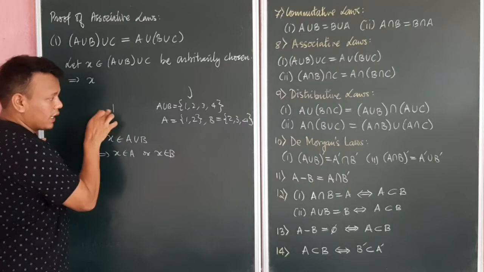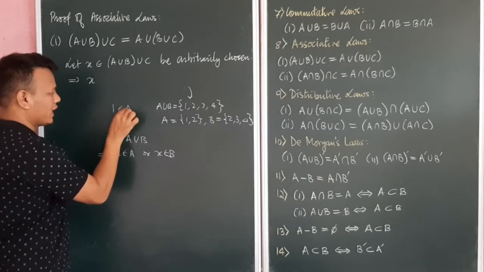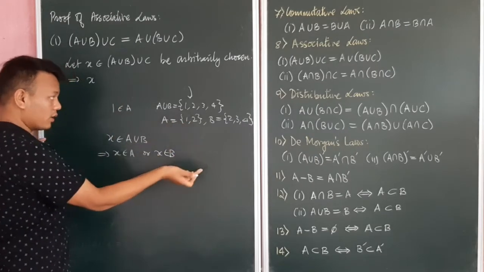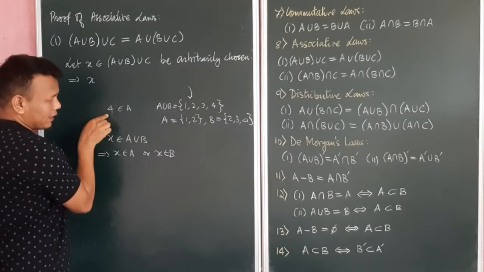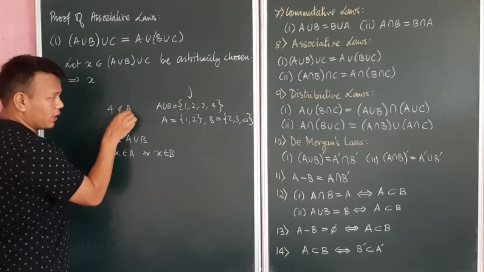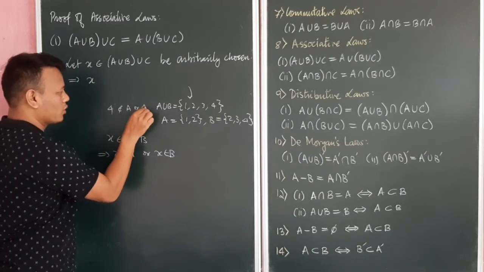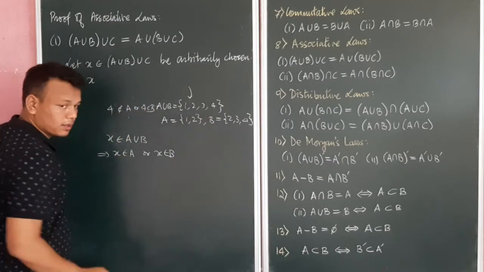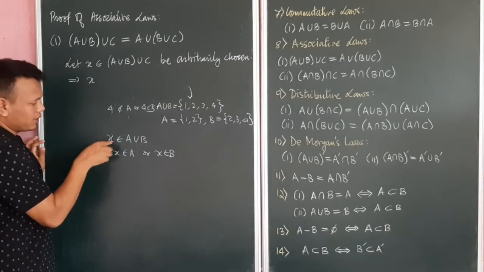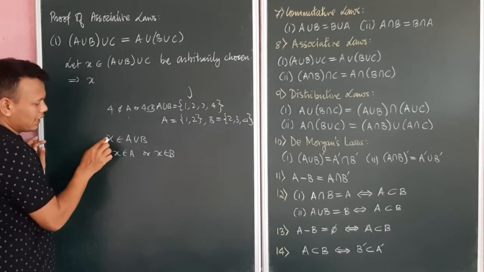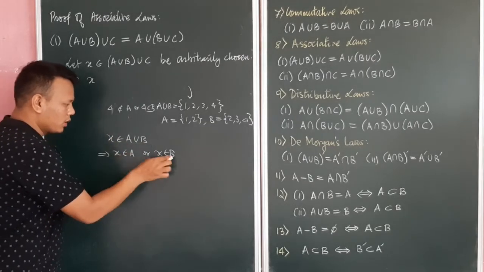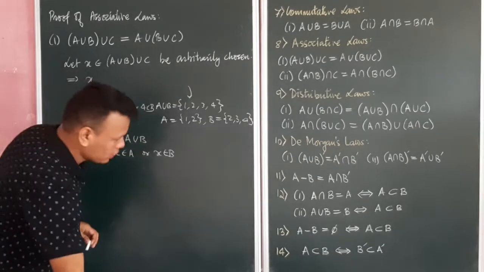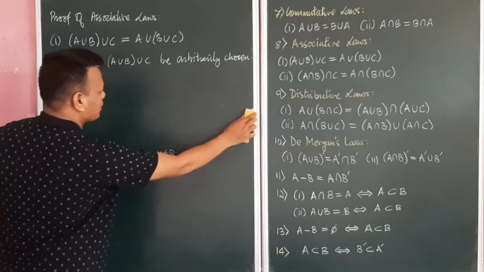If I choose 1, then this 1 belongs to A. Yes, but if I don't choose 1, for example, if I choose 4, then 4 doesn't belong to A, but 4 belongs to B, isn't it? So that's why if you choose any element from A union B, this means that this x should come from A or this x should come from B. Alright, so that's what will be done here.